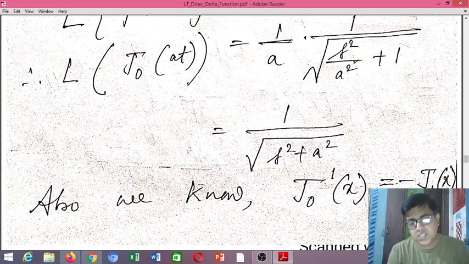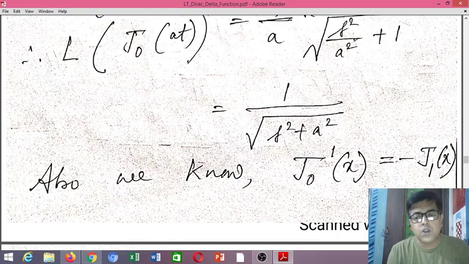The relation is J0 dash x is equal to minus J1x. These things are all there in the series solution of ordinary differential equations, which is not in your syllabus right now. So for the time being, you must remember these results in order to answer questions from this particular section. So remember this result that J0 dash x is equal to minus J1x.